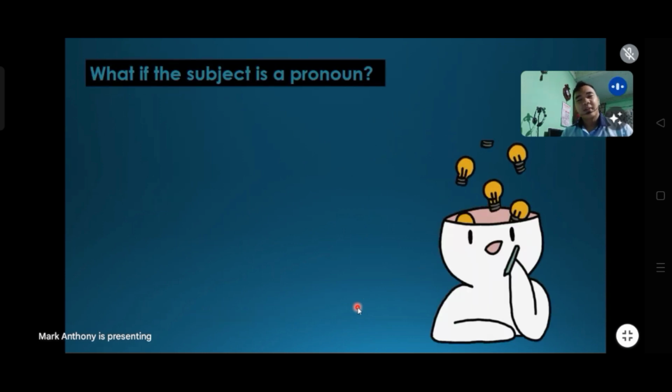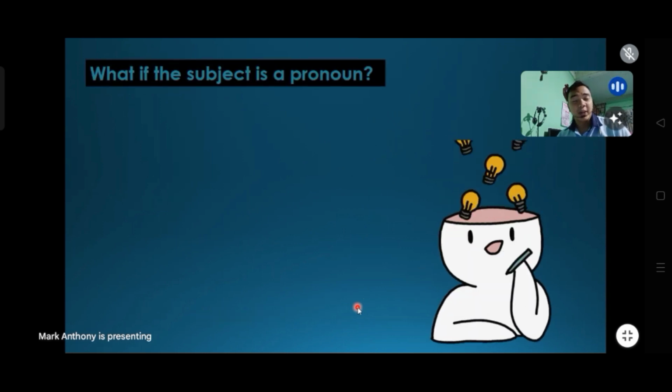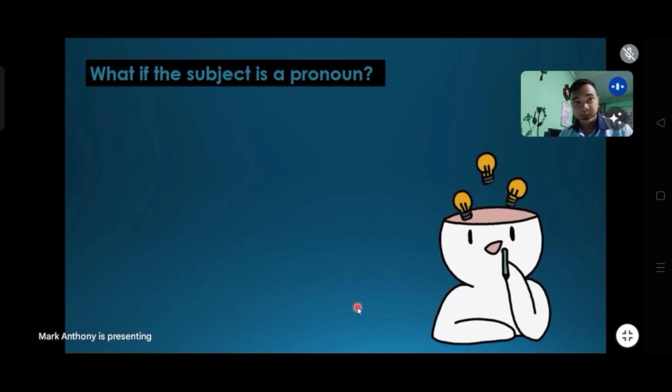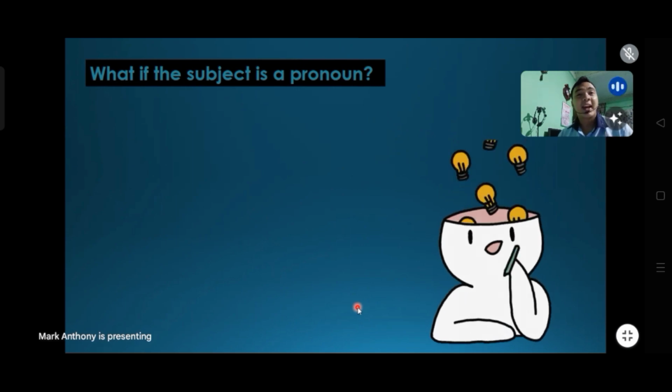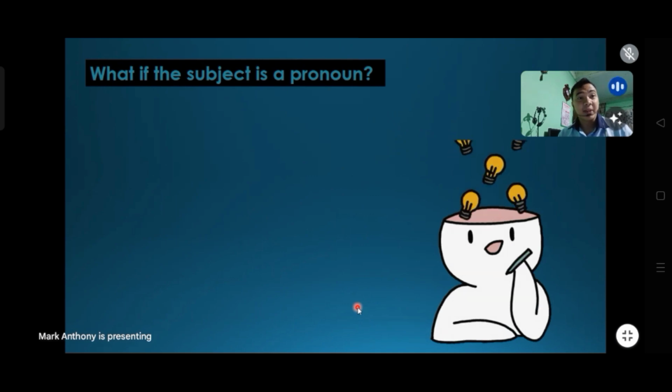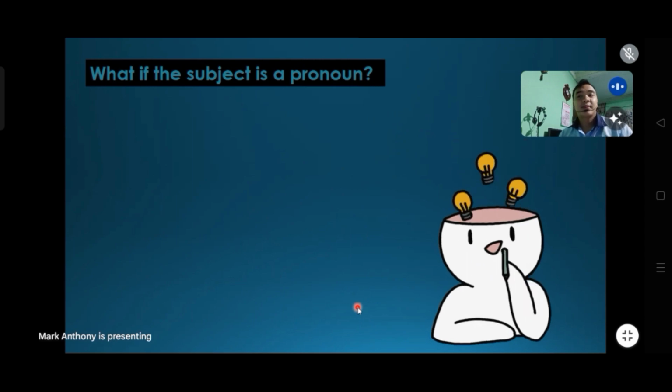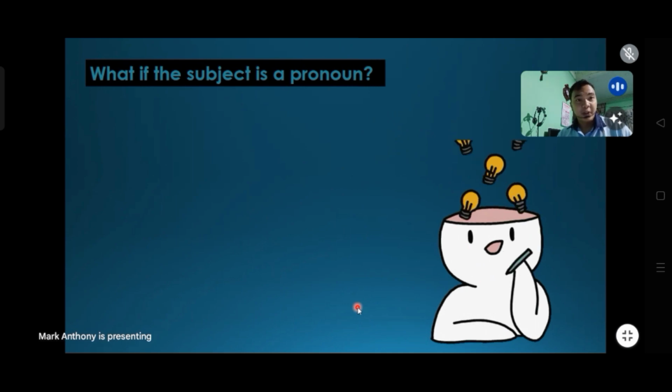But sir, what if the subject is a pronoun? Will it have a pronoun phrase? Or should it be separated from the noun phrase? The answer is no, because pronouns will still be a part of the noun phrase.